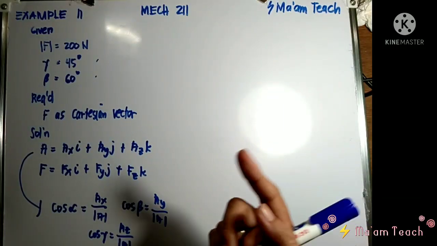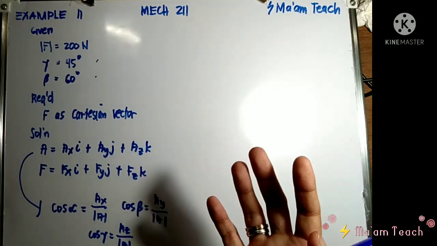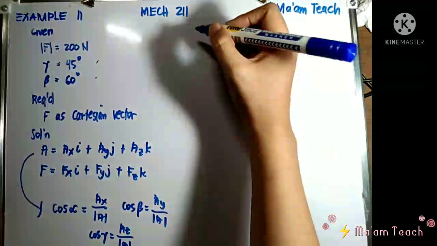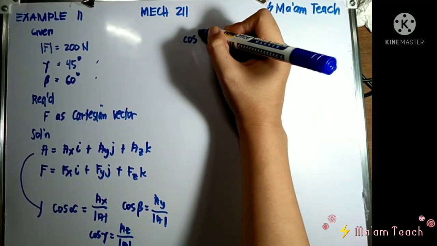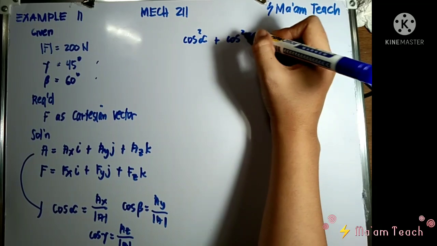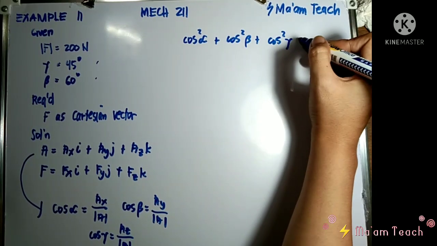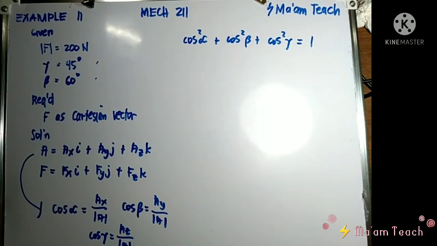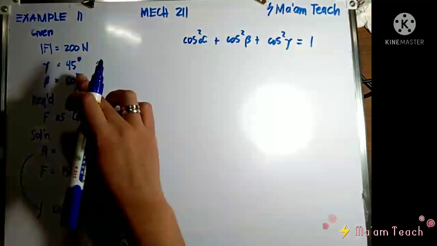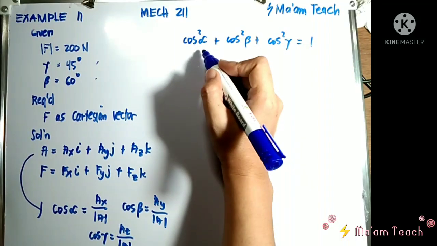We are lacking alpha. So how are we going to solve for it? Now recall also that cosine squared alpha plus cosine squared beta plus cosine squared gamma is equal to 1, right? So since we are given beta and gamma, we can solve for alpha.